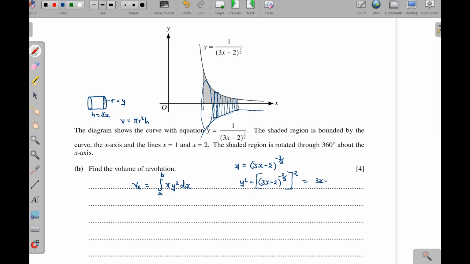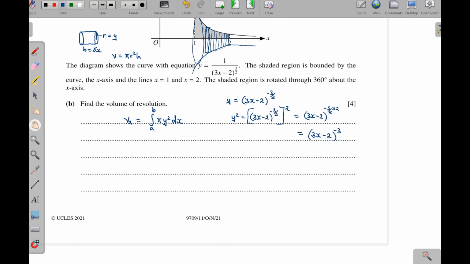We have 3x minus 2, and then using rules of indices, times the 2, so this one goes right. So this one will be 3x minus 2, then to the power of negative 3. You see that? So our volume here is going to be the integral from 1 to 2. I can put pi outside. Our y squared is 3x minus 2, then to the power of negative 3, dx.